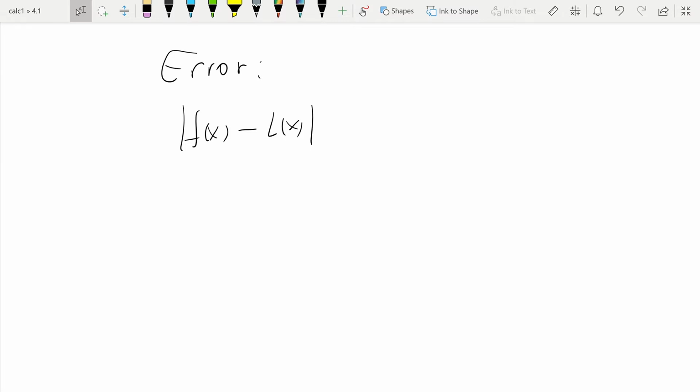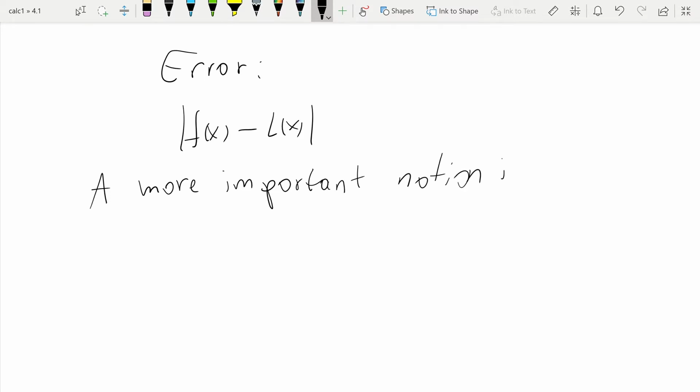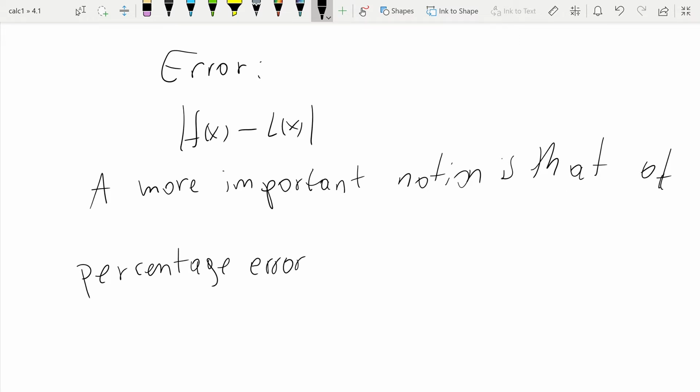But as I said at the end of the previous video, a more important notion is that of the percentage error, which is based on the error you make, a quantity we defined up here.